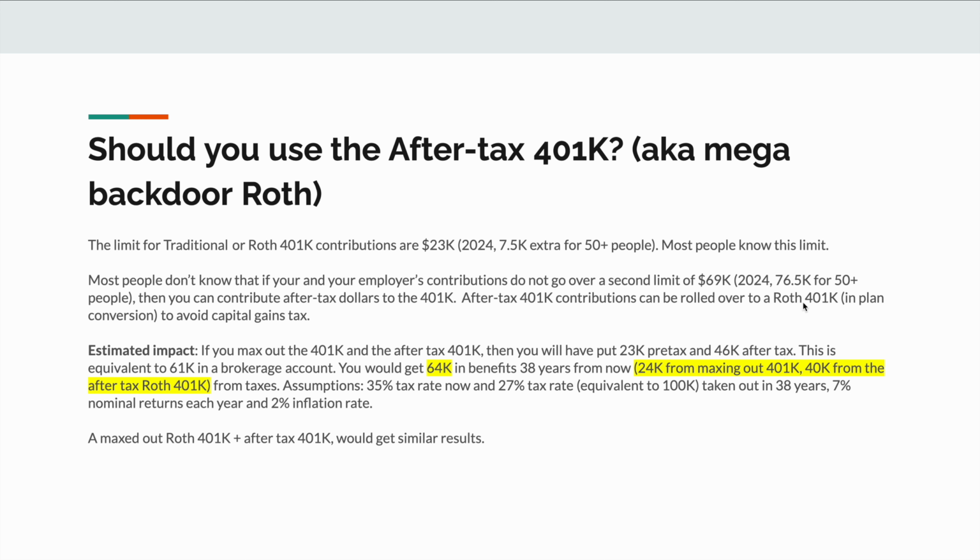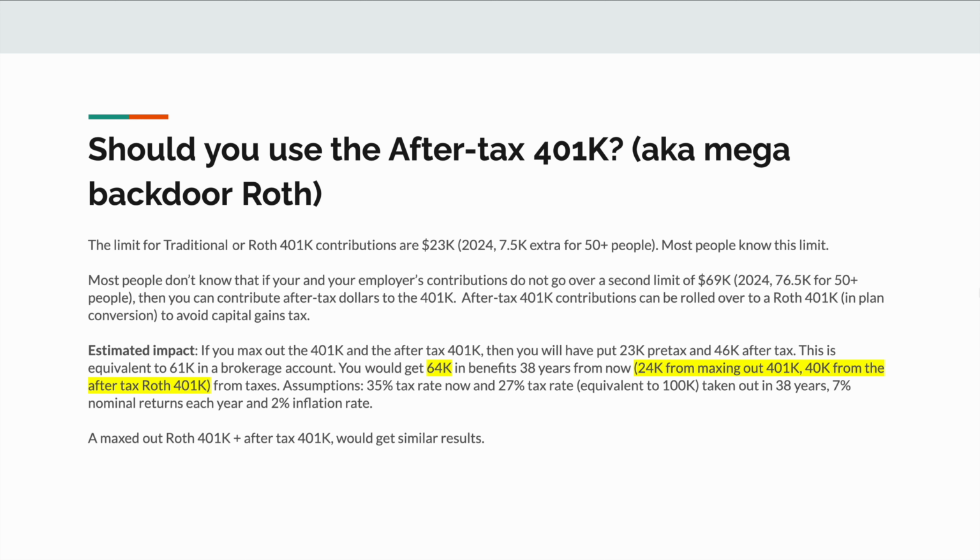That's going to get converted into a Roth 401k, and this is equivalent to about $61,000 in a brokerage account if you didn't use the 401k at all. And the benefit of putting it into these 401k vehicles is going to be $64,000 in 38 years in today's dollars. And that's going to be 24 is coming from the pre-tax, 40 is coming from the after-tax Roth.